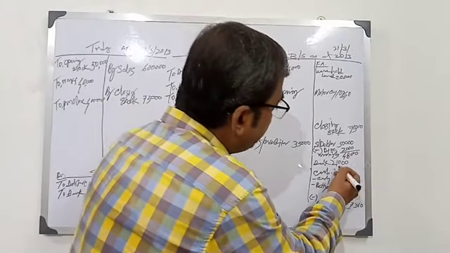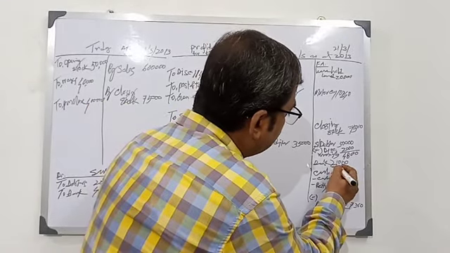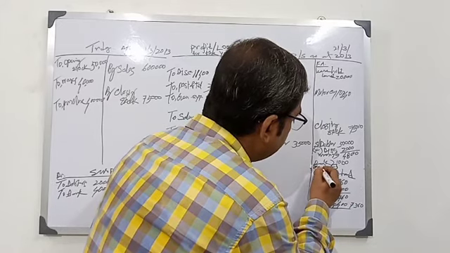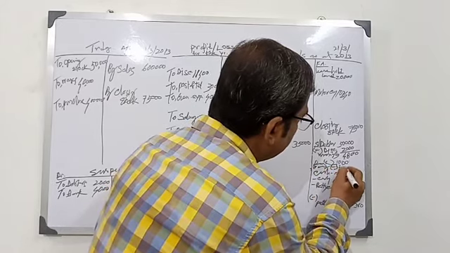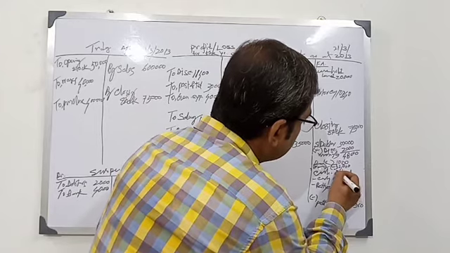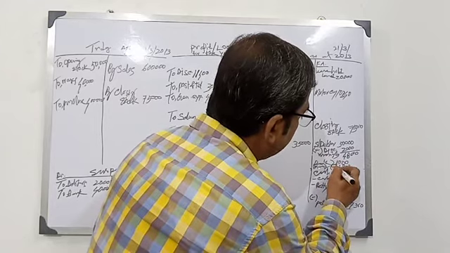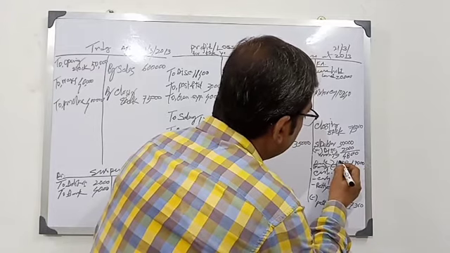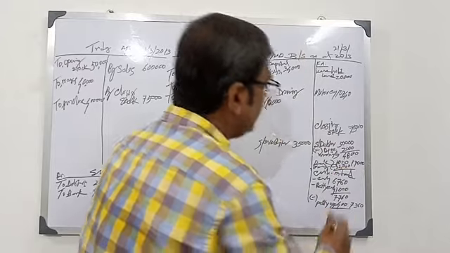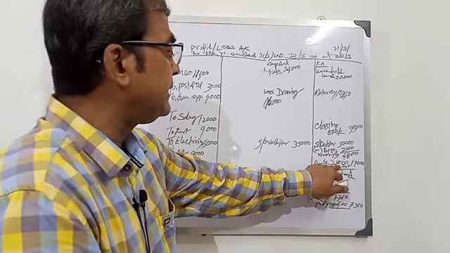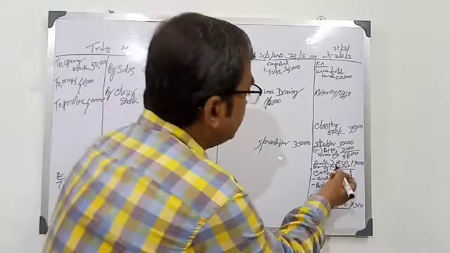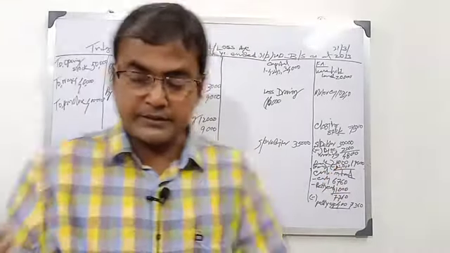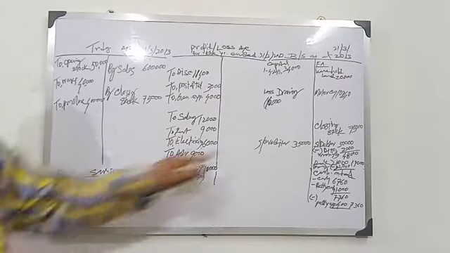So cash at bank will reduce by 4000. It was 21,000; now it should reduce by 4,000, 21 minus 4, so it should be 17,000. So the journal entry: suspense account debit, bank account credit.